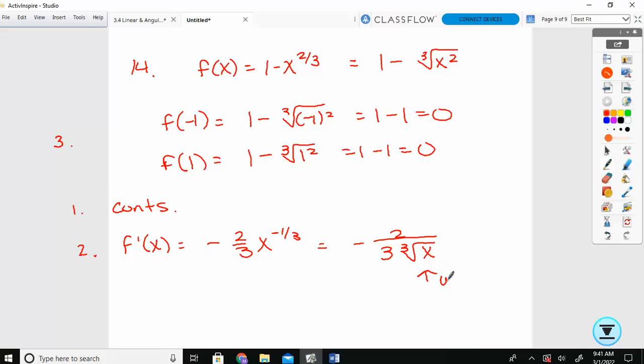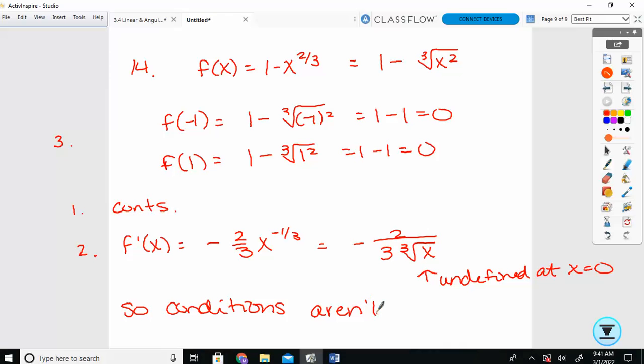So this is undefined where? Is 0 between -1 and 1? So the conditions aren't met, and we can't use Rolle's theorem.